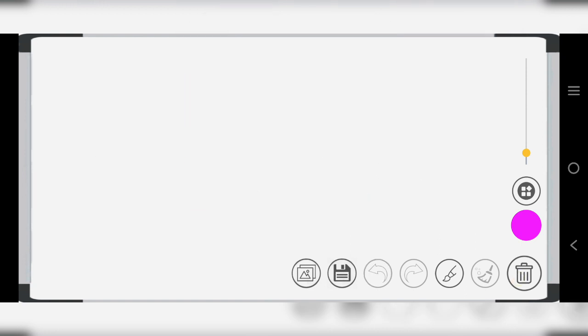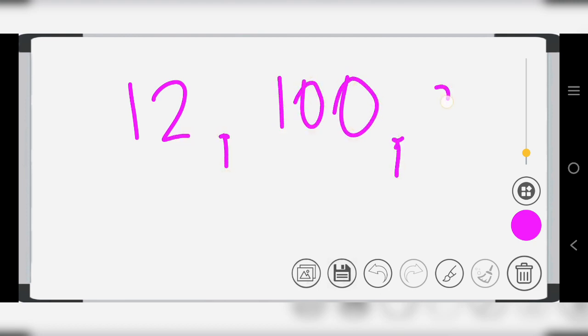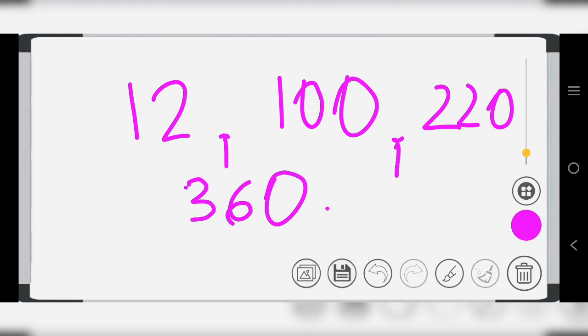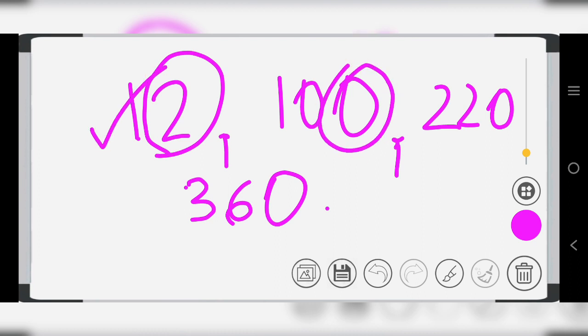So let me give some examples. 12, 100, 2220, 360. Here in 12 the last digit 2 is even, so it is divisible by 2. Here the last digit is 0, so it is divisible by 2. Here also it is 0, so it is divisible by 2.